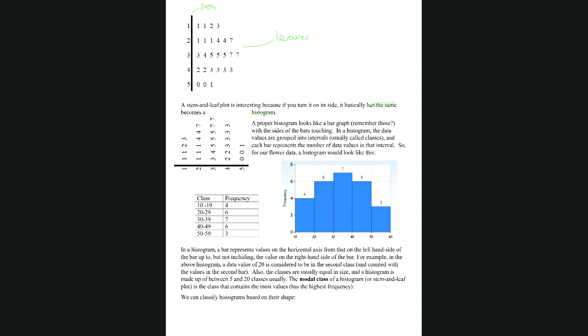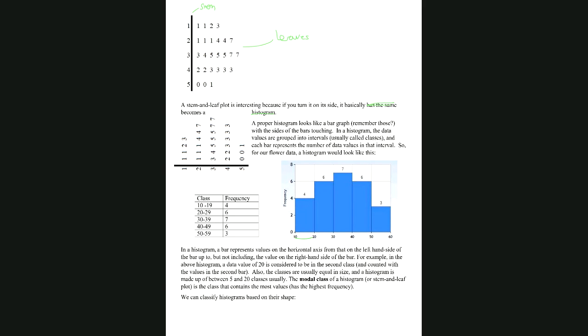So what you'll notice is that in a histogram, a bar represents the values on the horizontal axis from that on the left-hand side of the bar up to, but not including, the value on the right-hand side. So here, from this class right here, 10 to 20, it's actually not 10 to 20. This is really 10 to 19. And then 20 starts the new one.